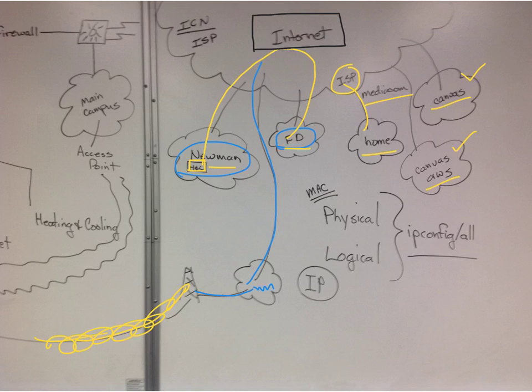How we distinguish addresses between devices. All devices have a physical address, often referred to as media access control address. And then devices can get a logical address. If it's a mobile device, it depends on where it is.